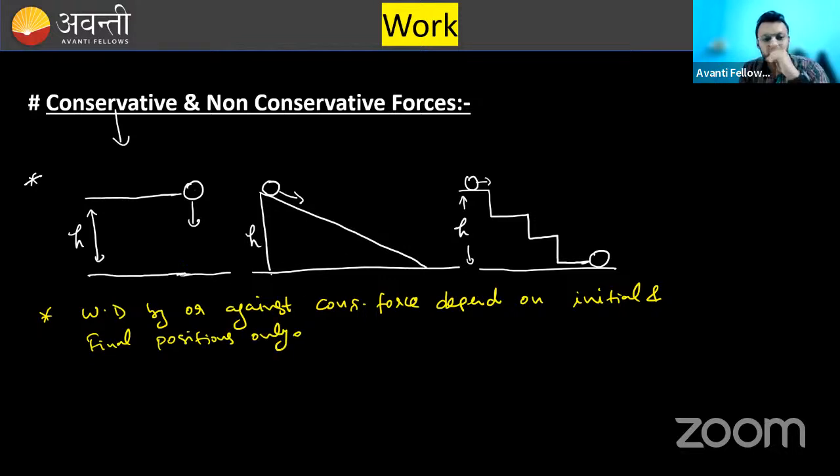So the initial position is h height above the ground in all three cases, so the initial position is the same. The final position is on the ground, on the ground, on the ground. So in all these three situations, the initial and final position is the same. So work done will also be the same and does not depend on path.